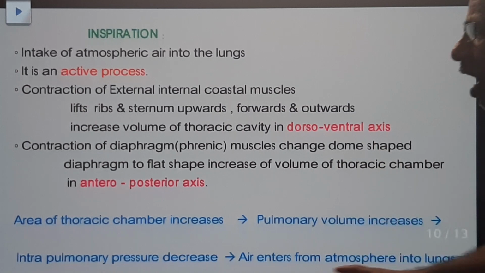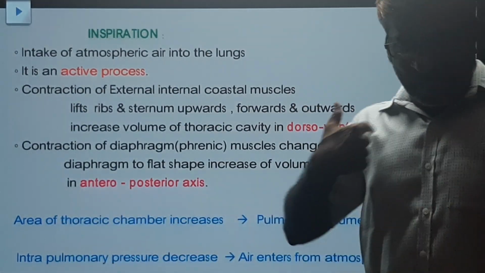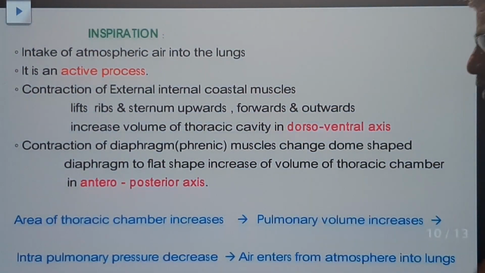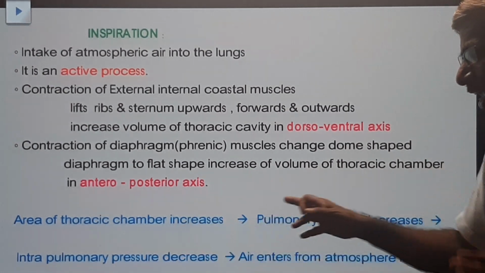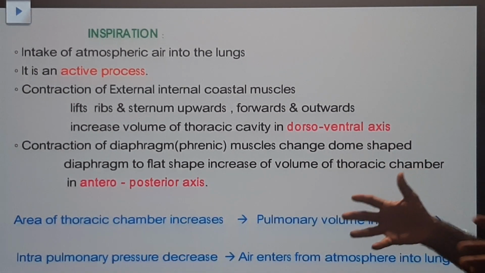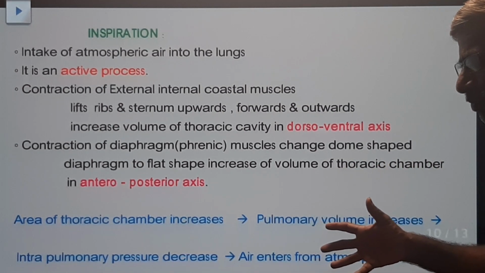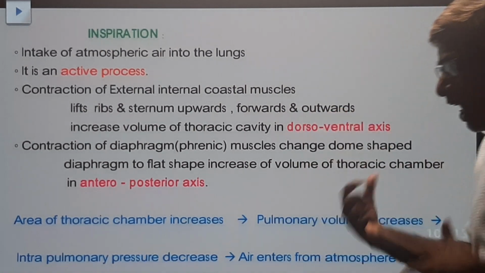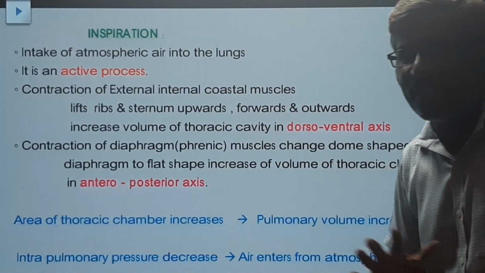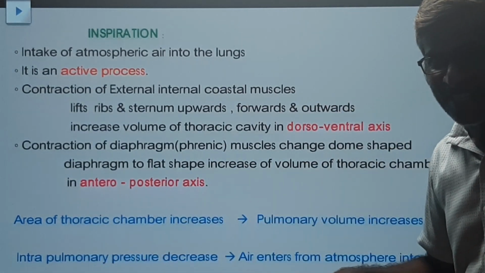Overall, the area of the thoracic chamber increases. When the thoracic chamber area increases, naturally the pulmonary volume also increases. When the pulmonary volume increases, naturally the pressure in the lungs decreases.